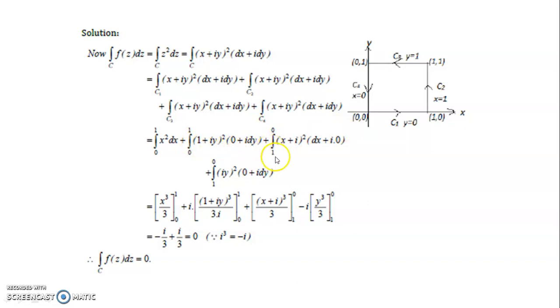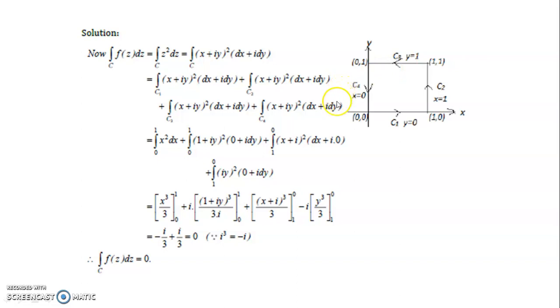And then you can move on from this vertex to the next one, along this line. Again x is 1 and y is also 1.